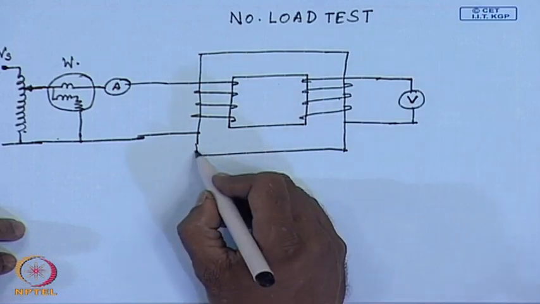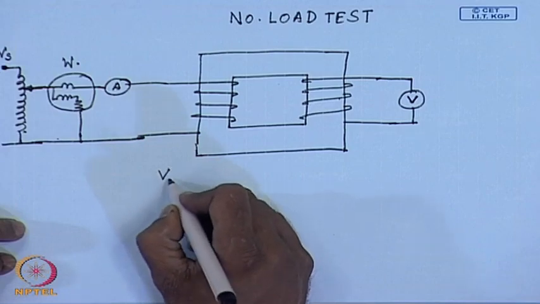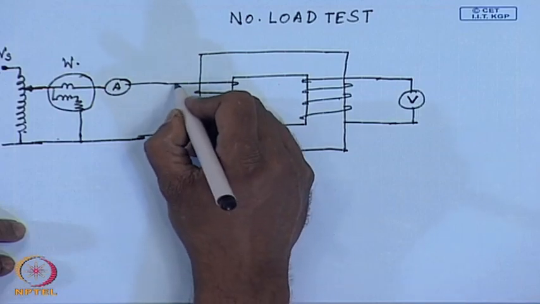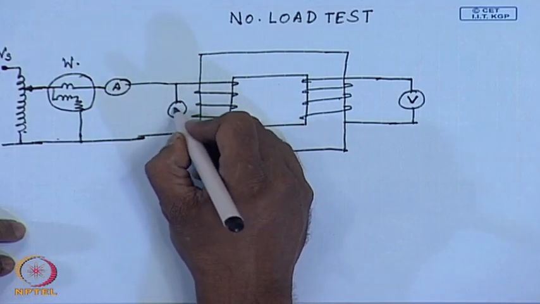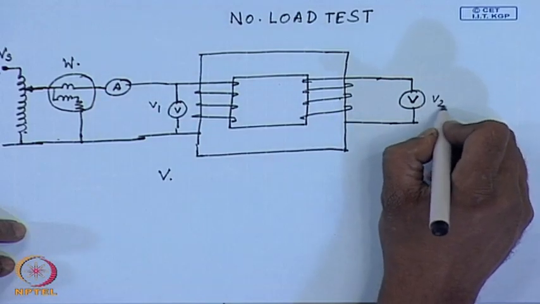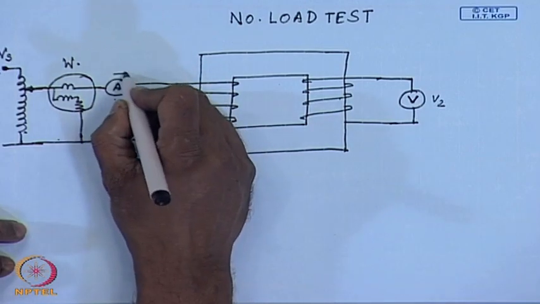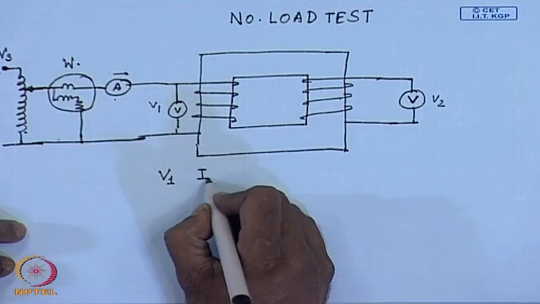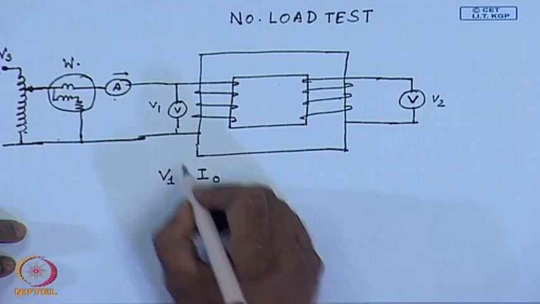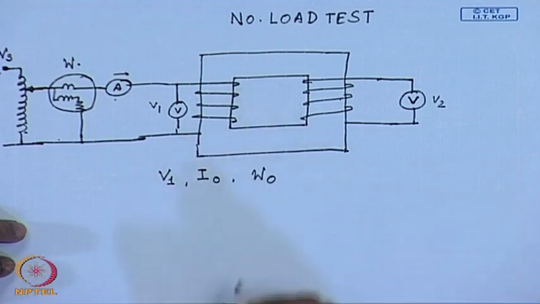Under that condition, we take the readings of voltage V, there is also another voltmeter connected here, let us call it V1, this is V2. We take the readings of V1, this current I0, which is the no load current, and the wattmeter reading W0.